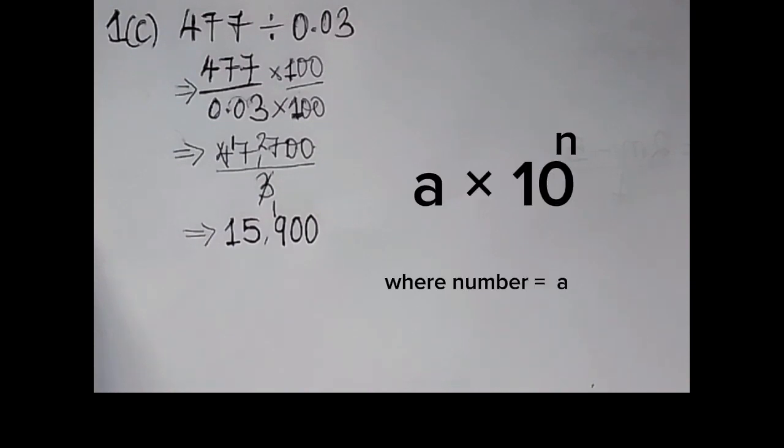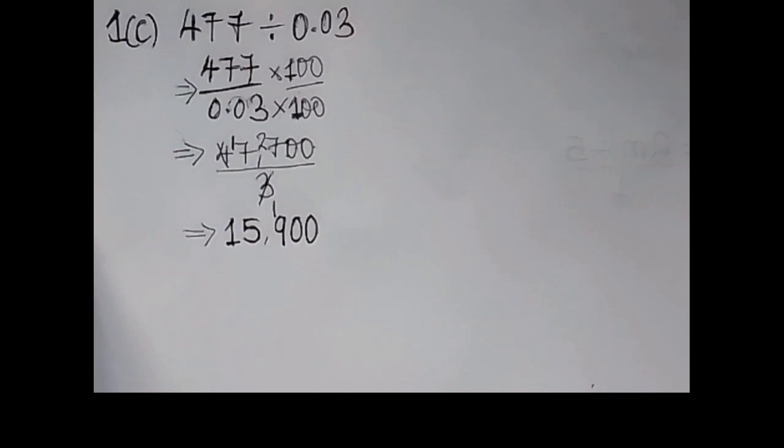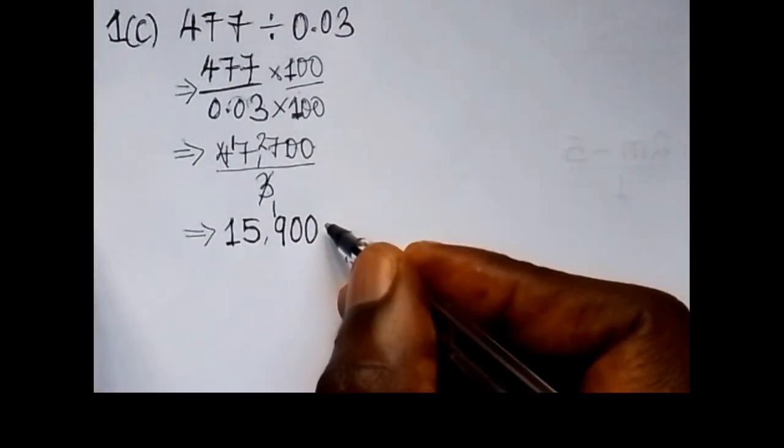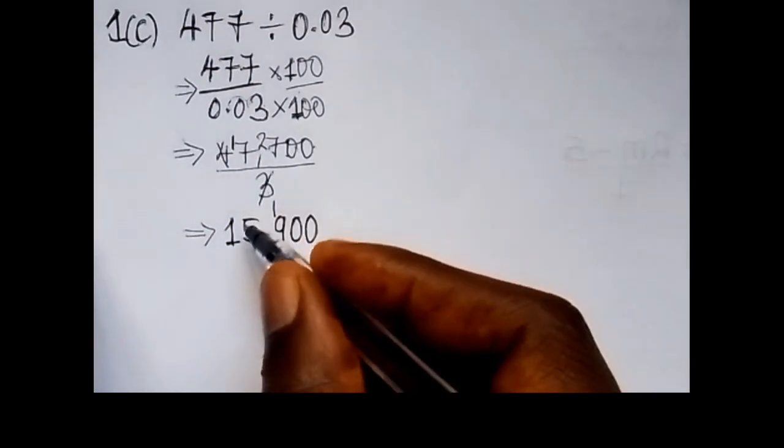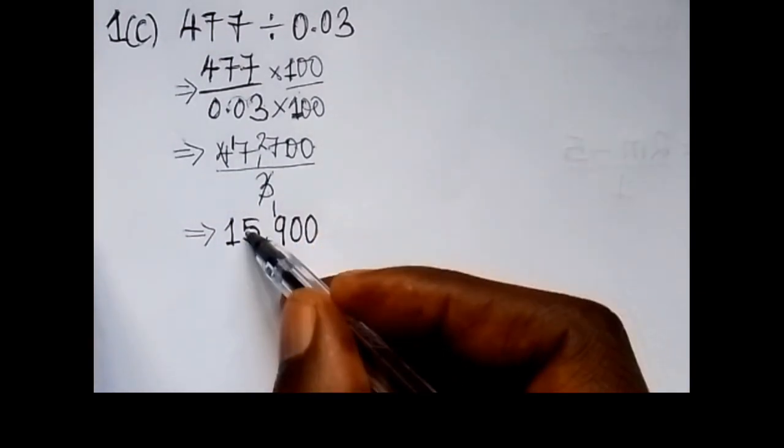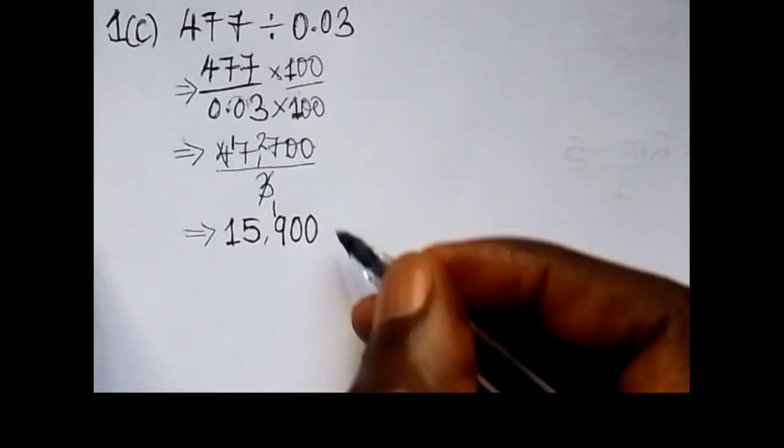Now the power just shows the movement of the decimal. So now, since there's no decimal, we have to introduce the decimal to this number. So how do we introduce the decimal? The decimal is introduced from right going to left and placed between the first two non-zeros.